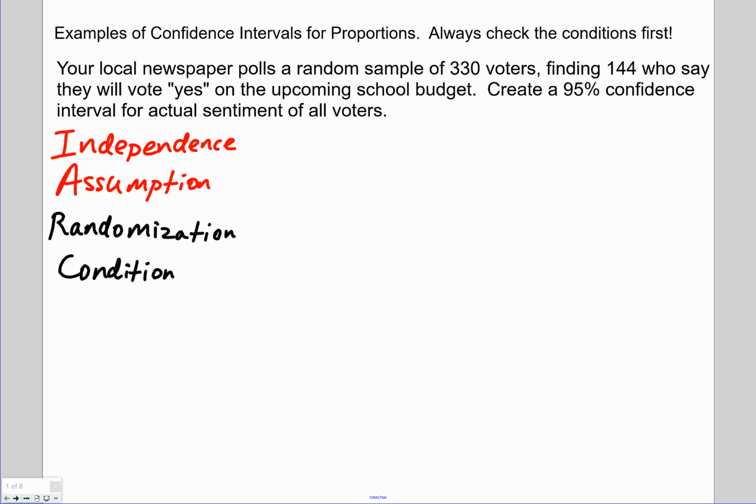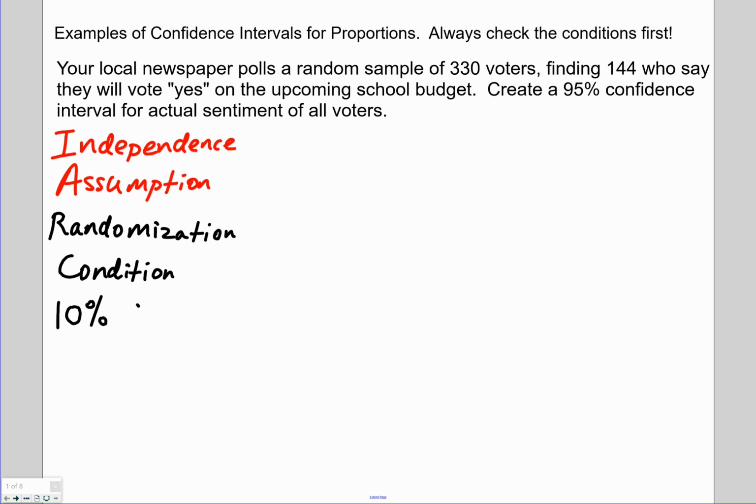They took a random sample of 330 voters. So hopefully you wrote down, they took a random sample of 330 voters. What's the other condition that we can check? The 10% condition. Very good.